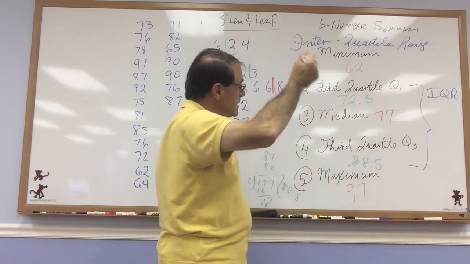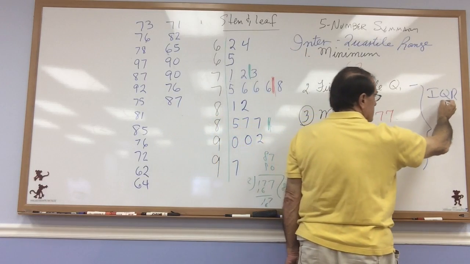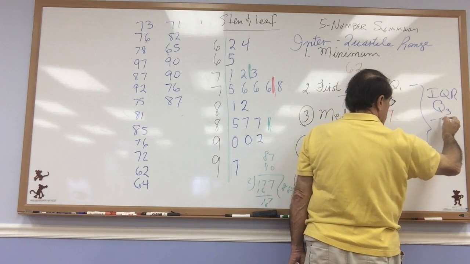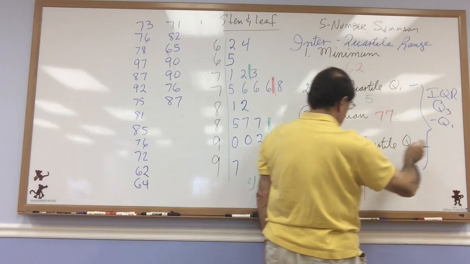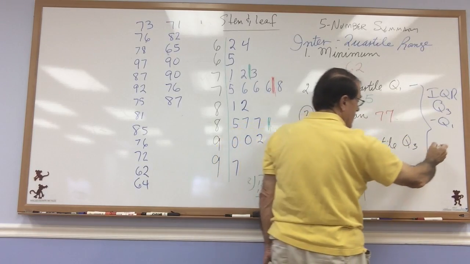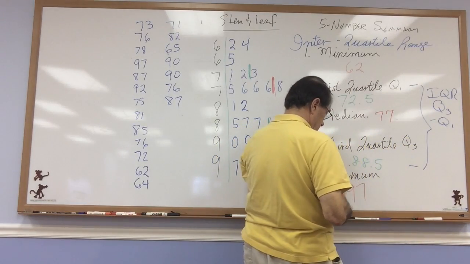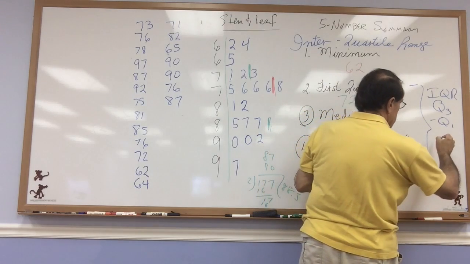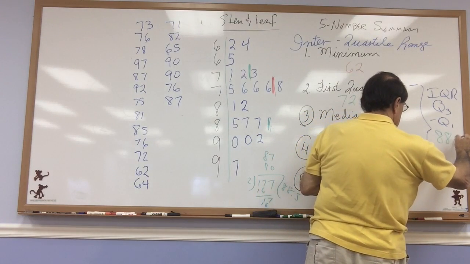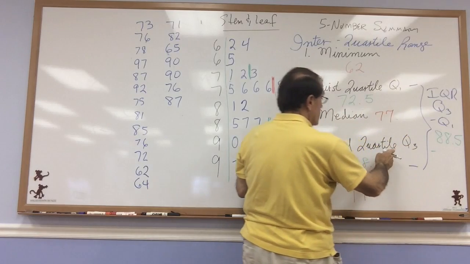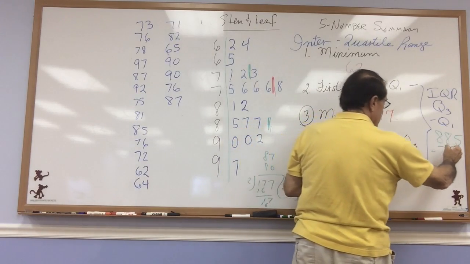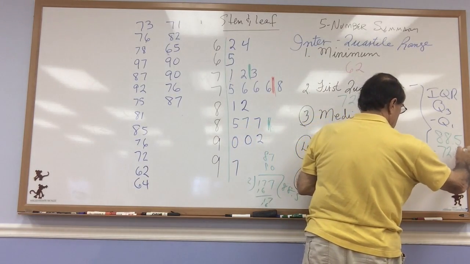And to find that, I take Q3 and I'll subtract Q1. So Q3 is 88.5. We'll subtract Q1, which is 72.5.